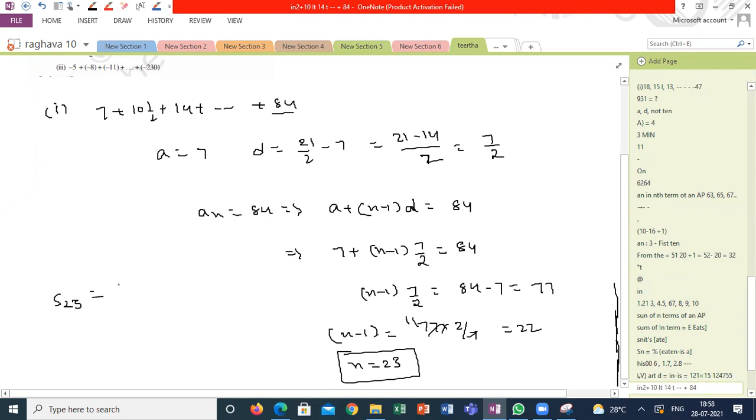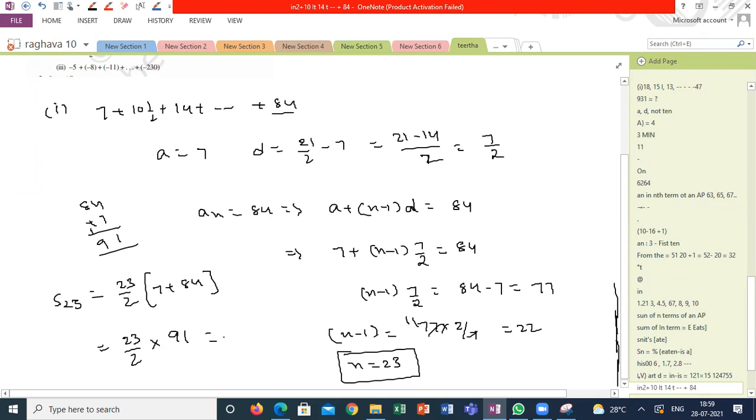You can use any formula. N by 2 into A plus L: 23 by 2 into 7 plus 84. 84 plus 7 is 91.